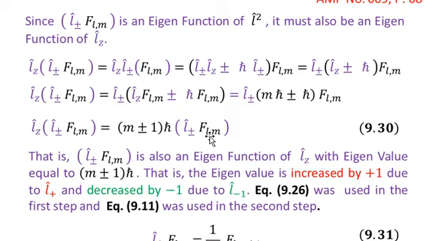So now it is obvious from here, which we have seen previously, that when Lz operates on F, it gives you m times h bar. But when Lz operates in the presence of the raising or the lowering operator, it gives you the eigenvalue corresponding to the higher state or the lower state, depending upon whether you are using L plus or L minus respectively.